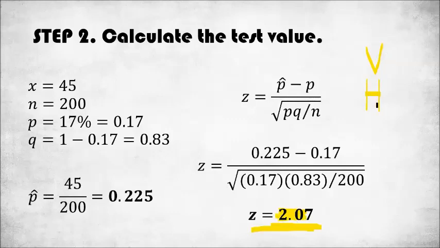Tapos, ang horizontal natin ay z minus the vertical. So, kung ang vertical natin ay 2.0, 2 minus 2, that is 0. 0 minus 0 is 0, and then bring down 7. Okay? So may values na tayo for vertical and horizontal, 2.0 and 0.07.